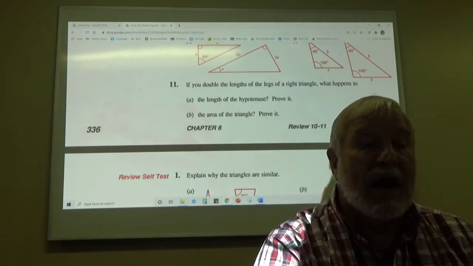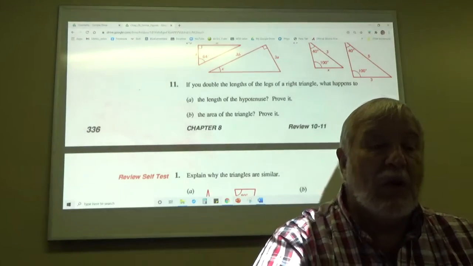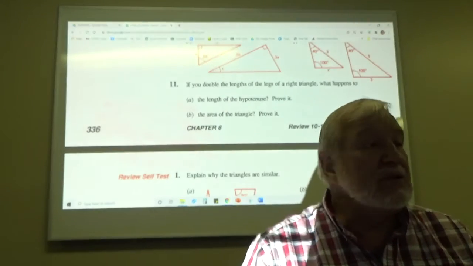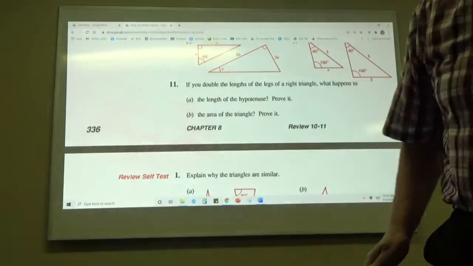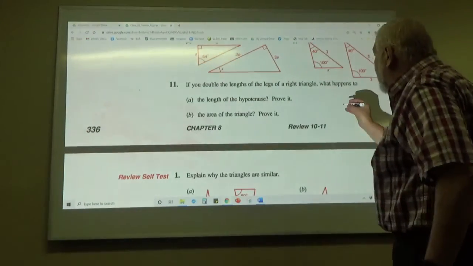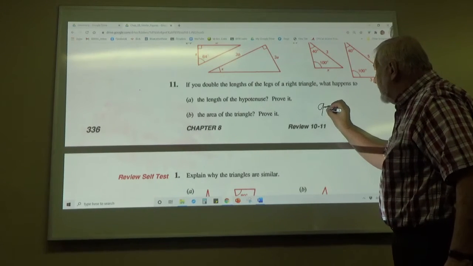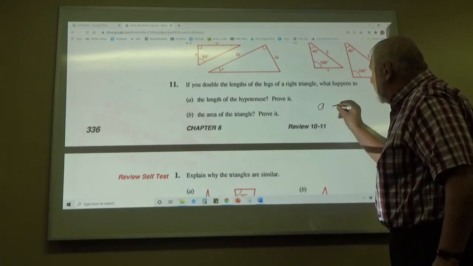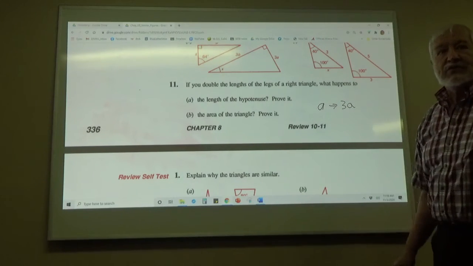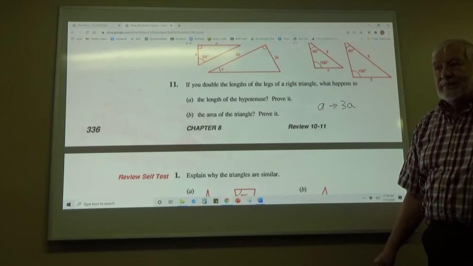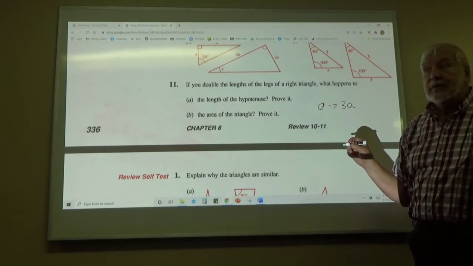Right, now the problem with using double is that it doesn't help you when you get to area. So let's use 3 times. It's tripled. Okay? If you go from a to 3a, what happens when you square it? What's 3a squared? 9.